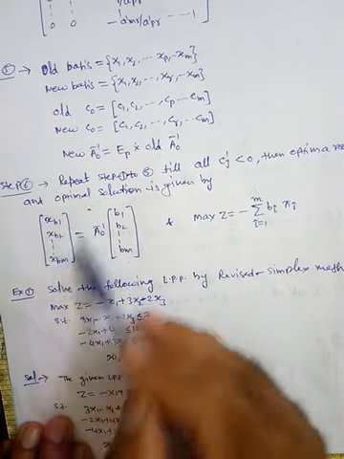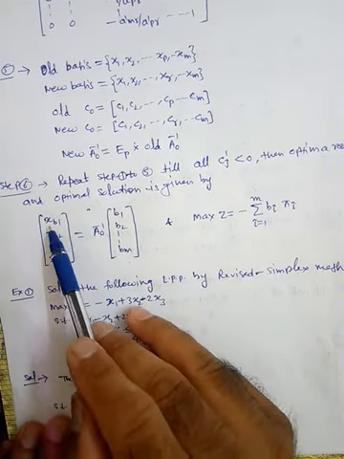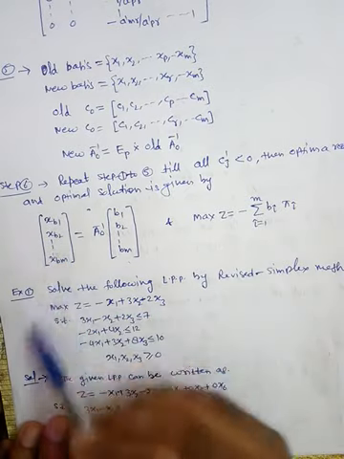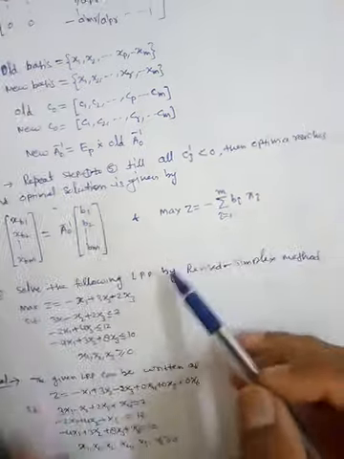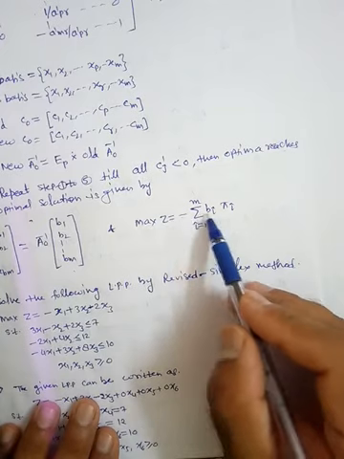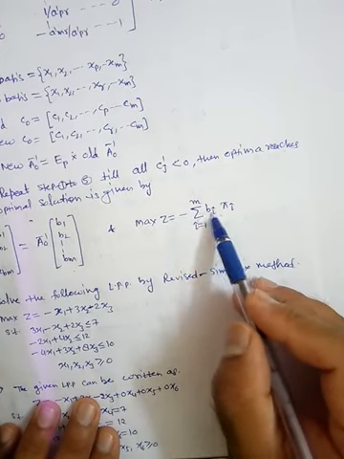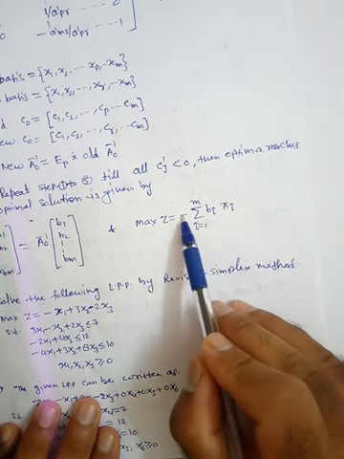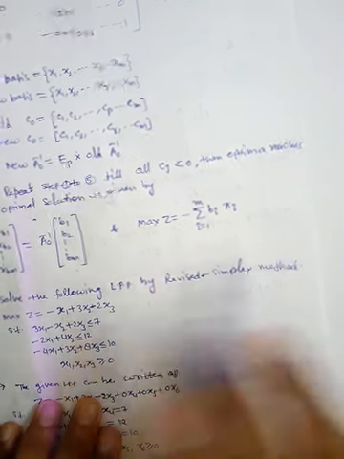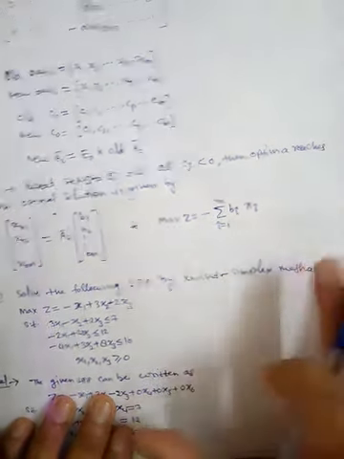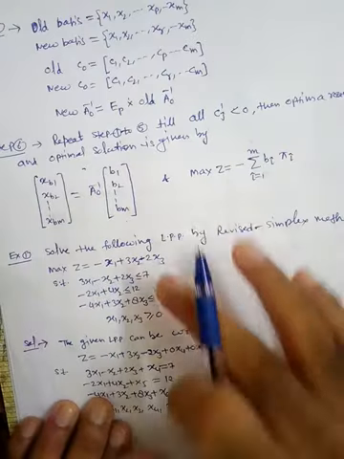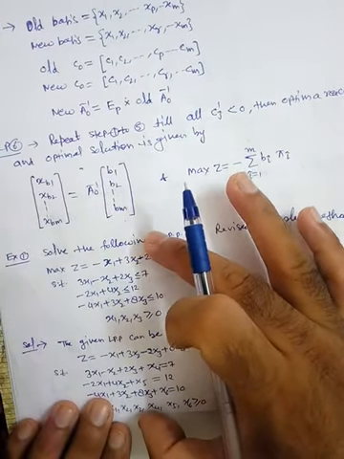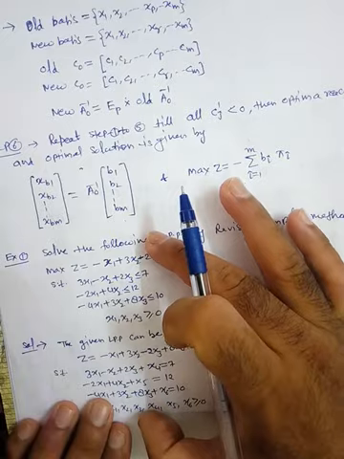Once you have these, you can either directly substitute the values into the objective function and get the solution, or multiply the b column with the pi multipliers and then multiply by the minus sign to get the solution. So this is the approach. Now we will discuss an example in the next video.